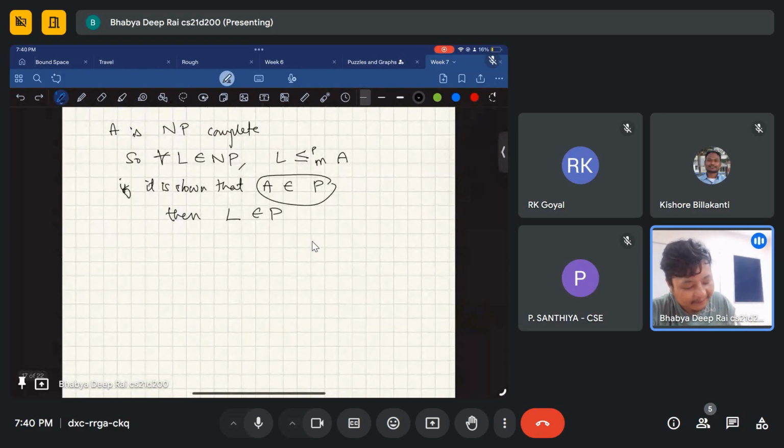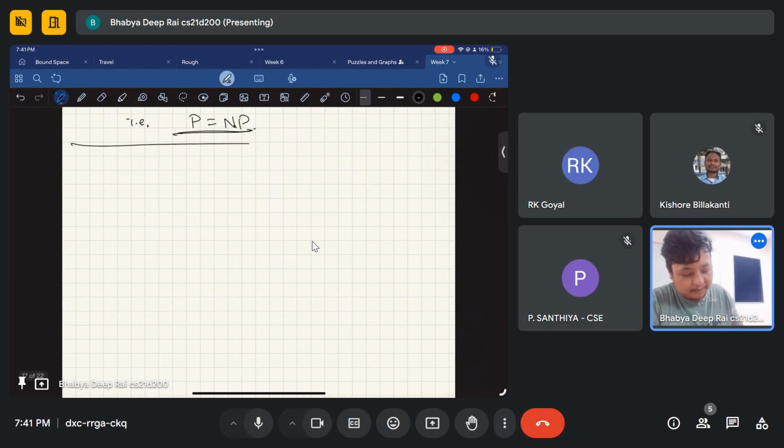Therefore any language L in NP falls down to P, which means you show that P equals NP. So NP complete languages are a way to show that P equals NP, which is unlikely, but yeah.